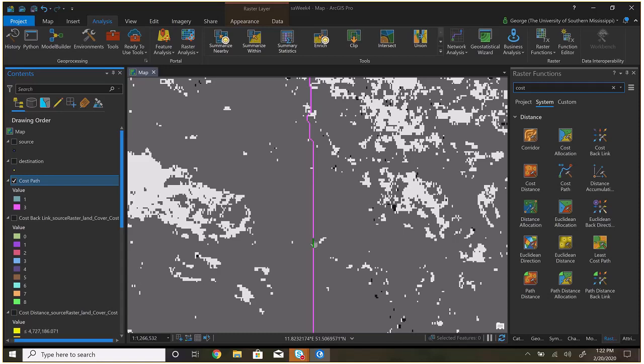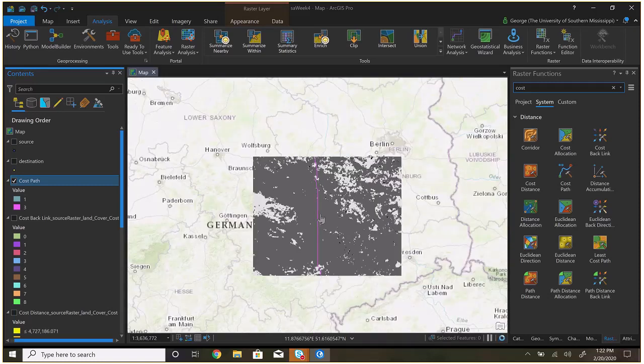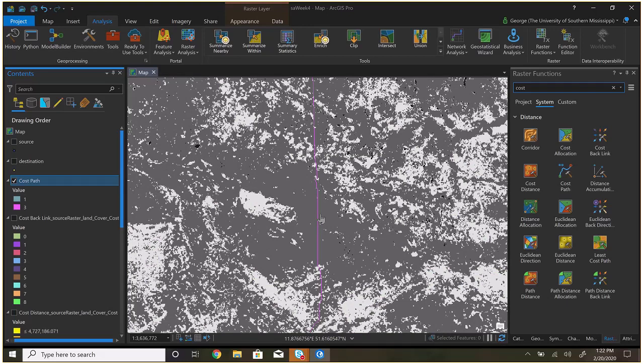Well, it doesn't do that in the raster function chain, so that's wrong. But I still want you to find out what the total accumulated cost is. And that's kind of the thinking question in the lab. How do I find out what the total accumulated cost is for traveling along this line?